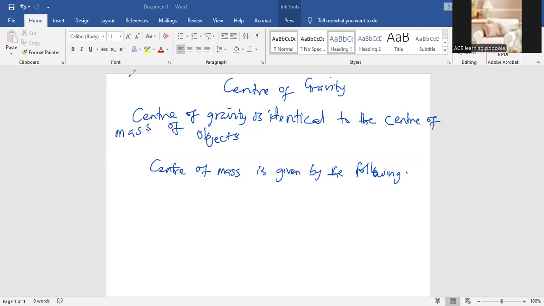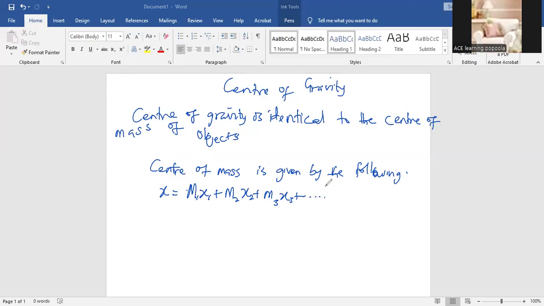For position X, for example, the center of mass will be m1 x1 plus m2 x2 plus m3 x3, and so on.